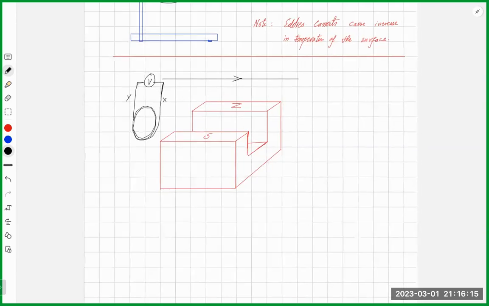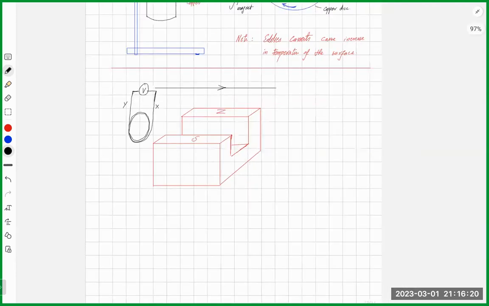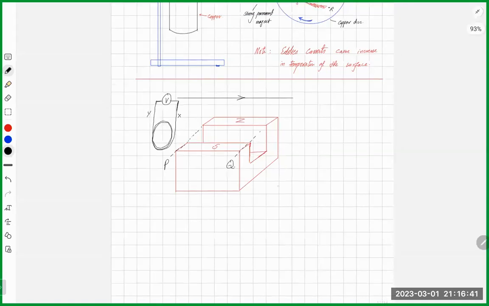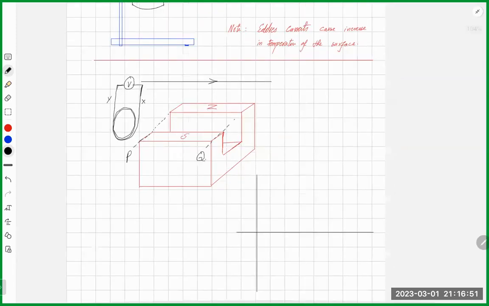Okay, now this is Q magnet, and I need a graph of changes in voltage on the voltmeter.